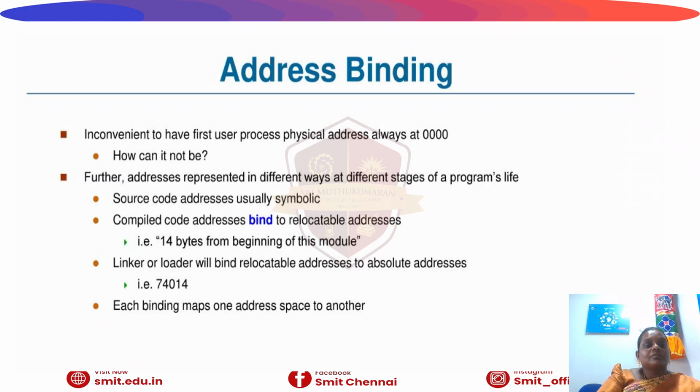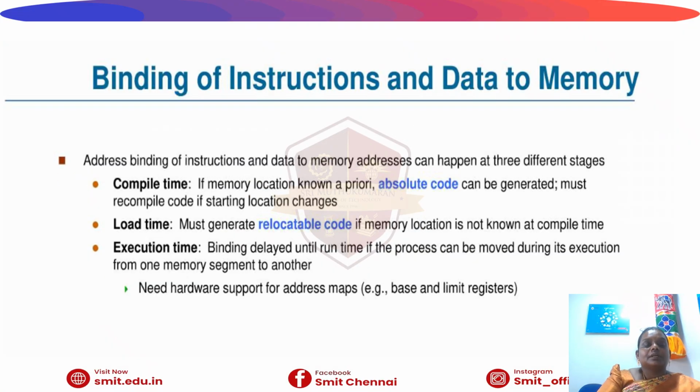Addresses are represented in different ways at different stages of a program's life. In load time binding, the address is determined when the program is loaded, and in execution time binding, the address is determined during execution. In the binding of instructions there are three different stages: compile time, load time, and execution time.